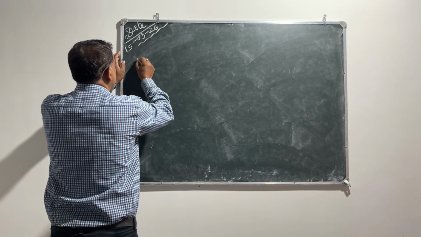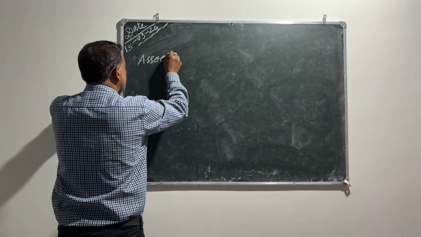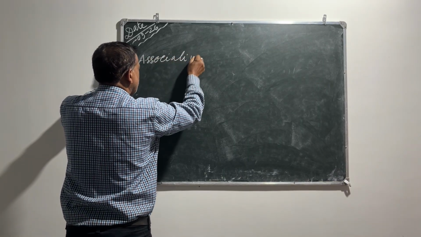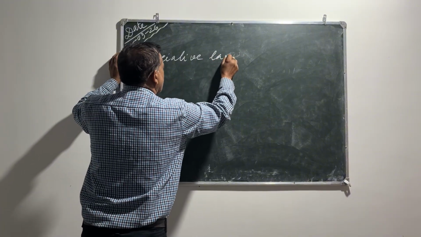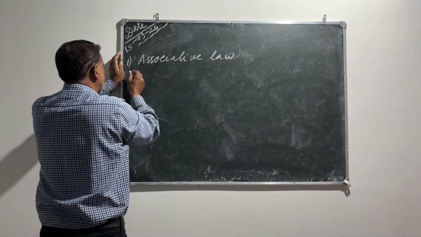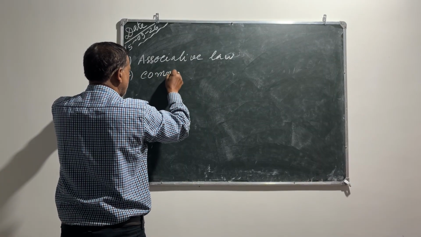So first of all, the laws: number 1, associative law. Number 2, commutative law.